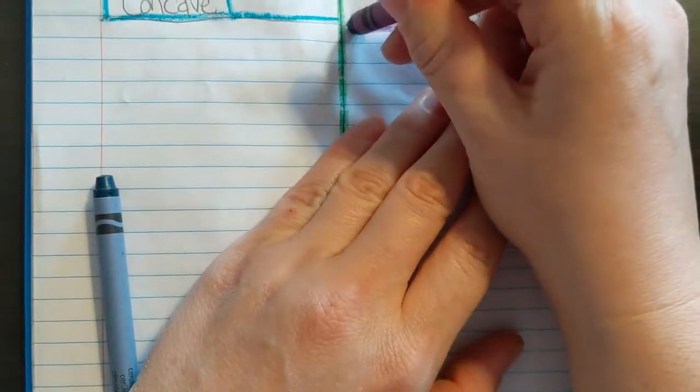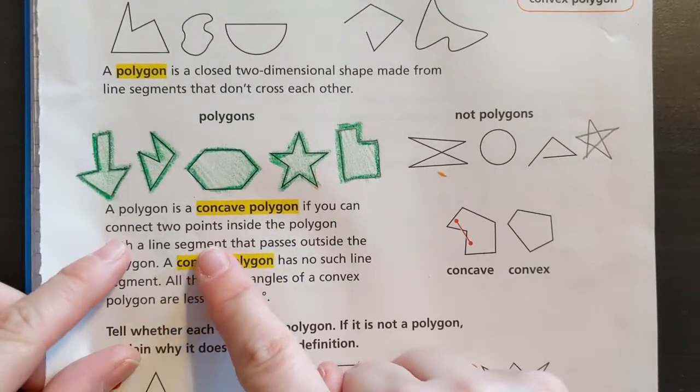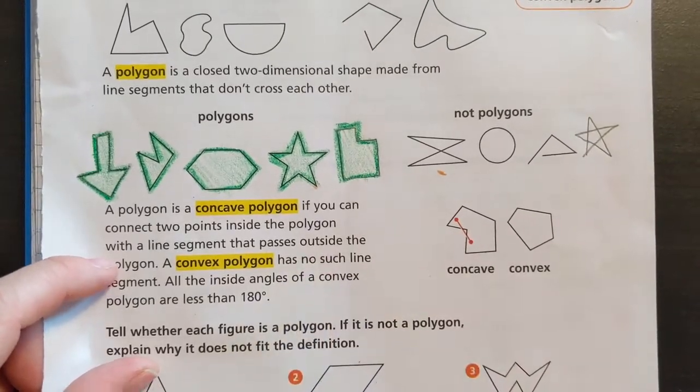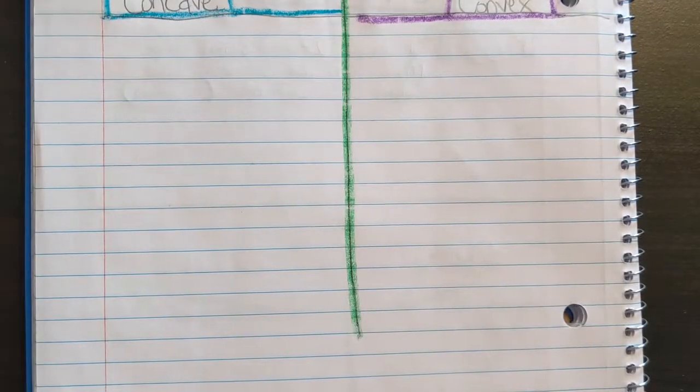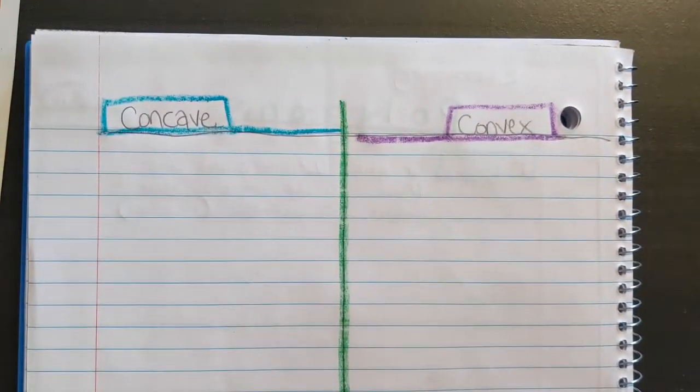You can see on your workbook page, you should still have that out to the side. You can see they give a pretty good definition of it. It says a polygon is a concave polygon if you can connect 2 points inside the polygon with a line segment that passes outside the polygon. So that can be a little confusing. I definitely think that definition is a little confusing.